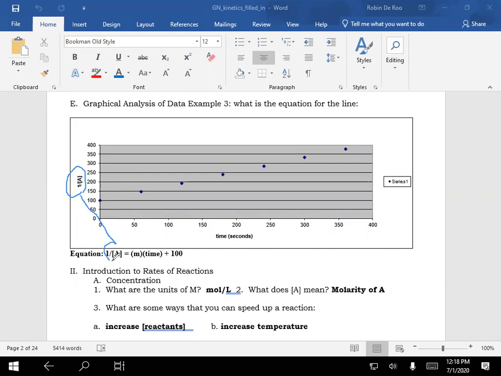So it goes here into our y equals mx plus b. In this case, notice the y-intercept is 100, so you do have a value here. So those are the 3 most common graphs that we'll be looking at in this course.